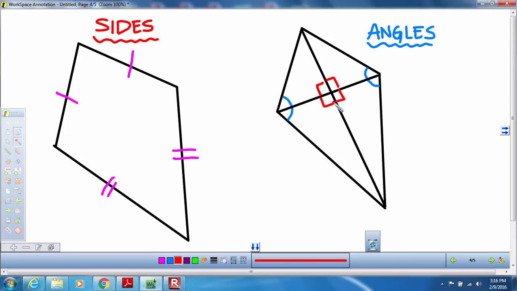We also know that they form isosceles triangles, which means that this angle here is congruent to this angle, and we know this angle is congruent to this angle. And we also know that exactly one pair of opposite angles are congruent.